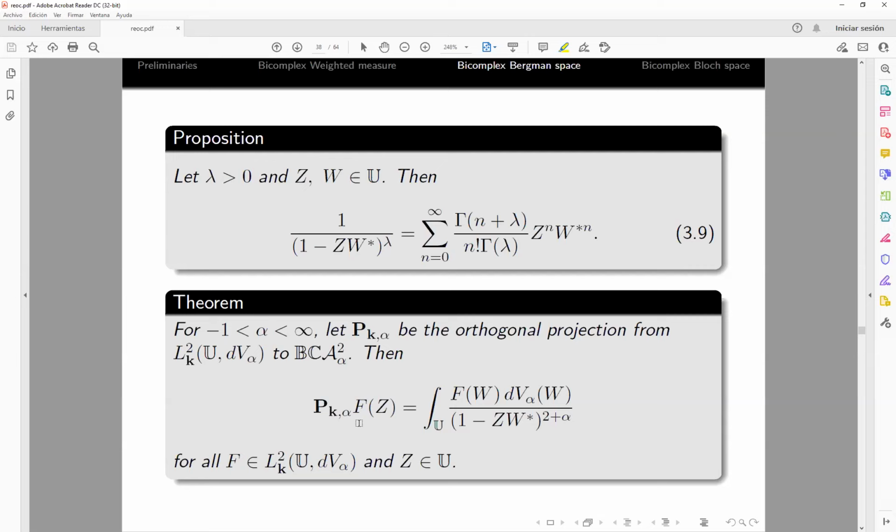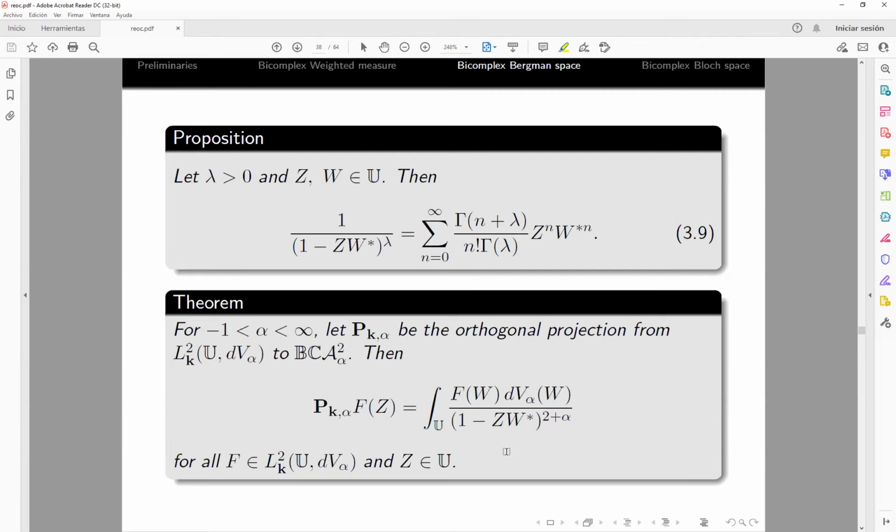Then the Bergman projection of F, if we consider some function in L2, is given by this formula. Then in one moment in this talk, it is necessary that some kernel should appear. And now this kernel appears.